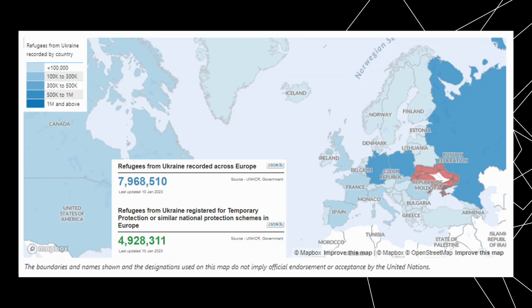Now, of course, as many of you know, in 2022 we saw an unprecedented displacement of peoples during this decade from the conflict and war in Ukraine. This is a snapshot from UNHCR's data portal from last week or 2 weeks ago, tracking approximately 8 million total people who have fled Ukraine across Europe, including 5 million who have sought specific temporary protection or refugee status.